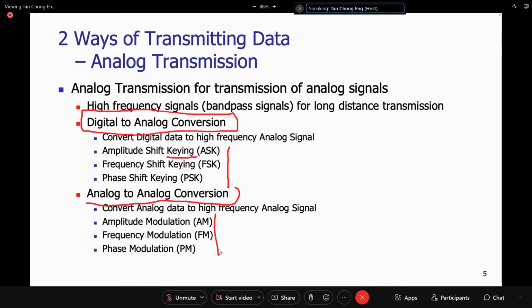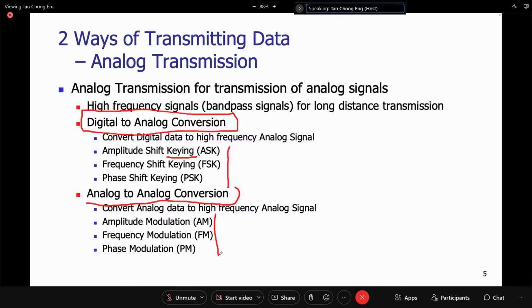So when you see ASK, FSK, PSK, these all refer to digital to analog conversion. The technique used for ASK, amplitude shift keying, and amplitude modulation is very similar. One changes the amplitude, another changes the frequency, another changes the phase.